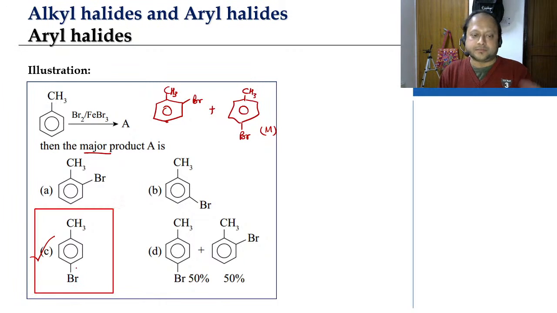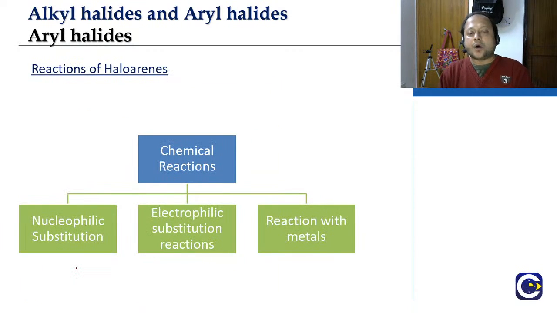Okay, right answer. Now what types of reactions do we see? After preparation of haloarenes, the next part is their chemical reactions. What types of chemical reactions do we see for aryl halides? We see nucleophilic substitution, right?